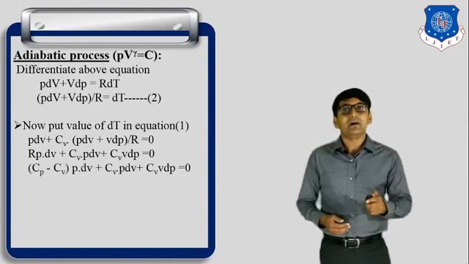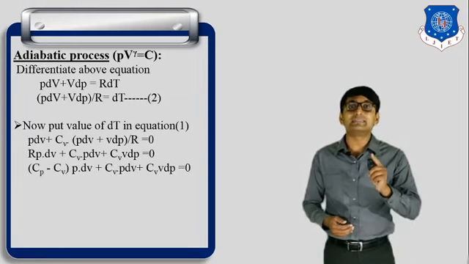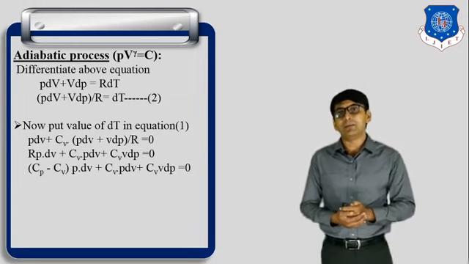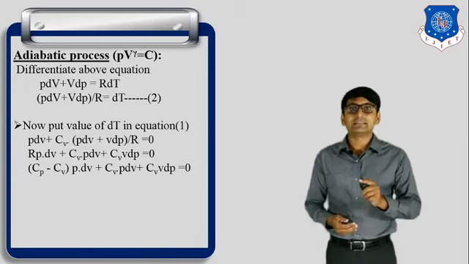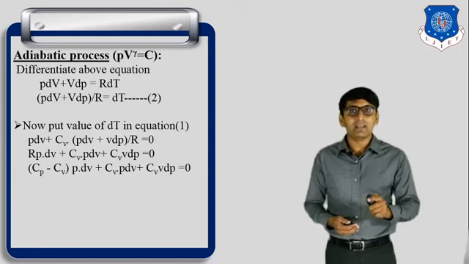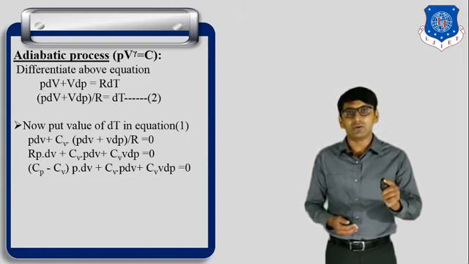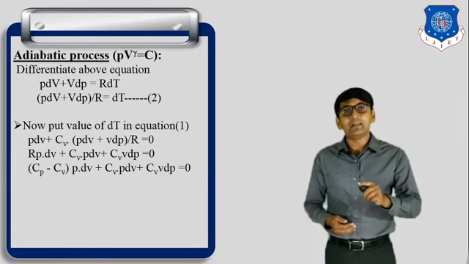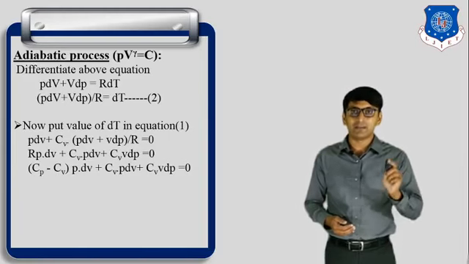Now if we place the value of R, that is Cp minus Cv, we get (Cp minus Cv) P into dV plus Cv P into dV plus Cv V into dP is equal to 0. Only in place of R we put Cp minus Cv.